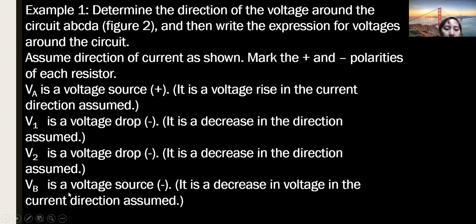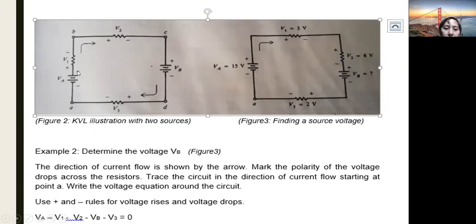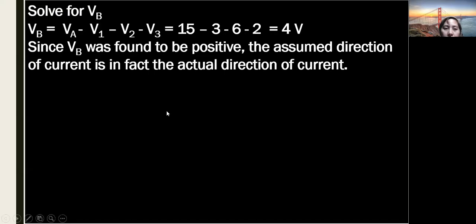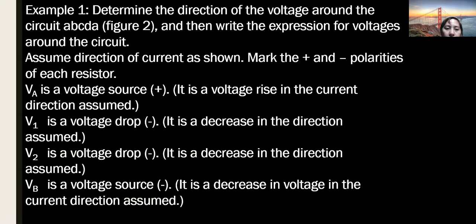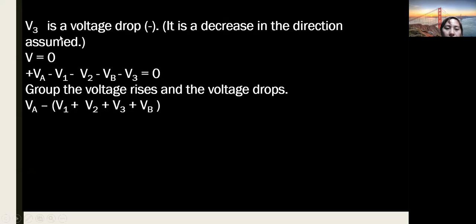Alright, so VB is a voltage source. It is a decrease in voltage in the current direction assumed. So VB is negative because the direction is A, B, C, D. Okay, so V3 is a voltage drop.